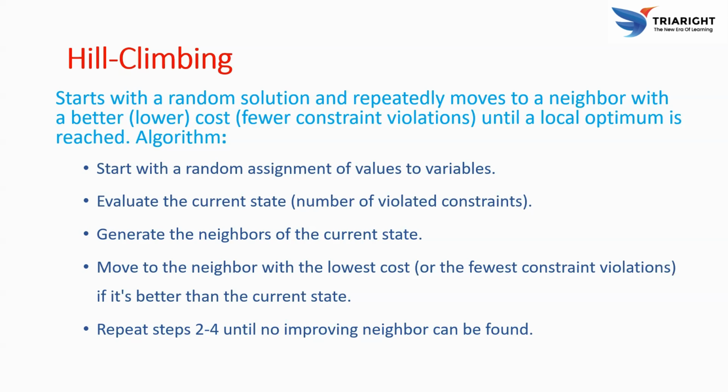The initial state is a complete but random assignment, which likely violates some constraints. Then neighbors are generated by changing the value of one variable to another. It makes a greedy move over all the possible neighbor states, choosing the one that results in the greatest improvement, the largest reduction in violated constraints. It repeats steps 3 and 4 until no neighbor state can improve, or until a solution with an objective value of zero is found.